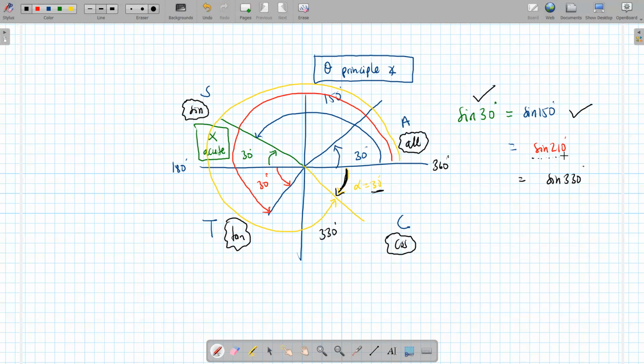Sine 30 is equivalent to sine 210, except only tan is positive in quadrant 3, which means this is going to be negative. Same thing in quadrant 4, only cosine is positive. So this 330 is going to be negative. So this is called the cast rule, C-A-S-T, okay?